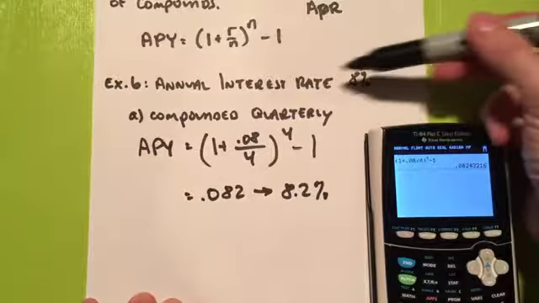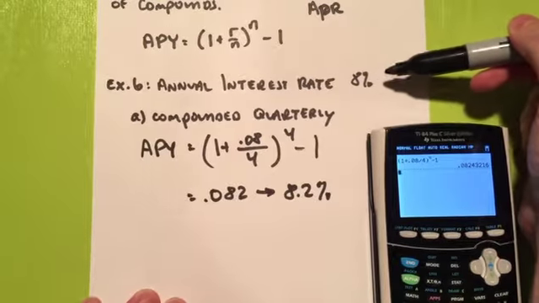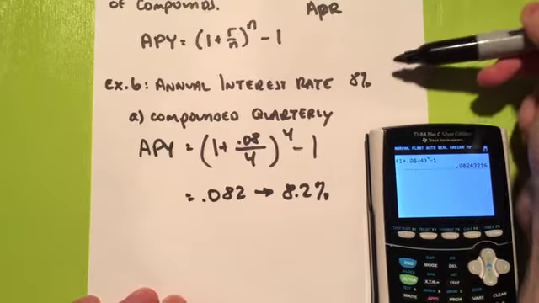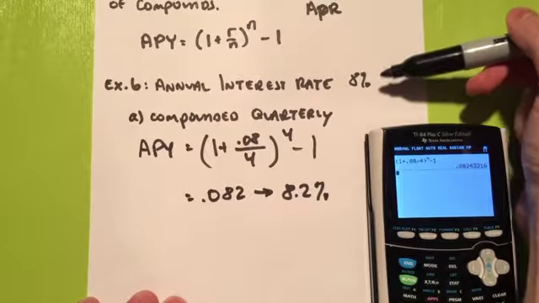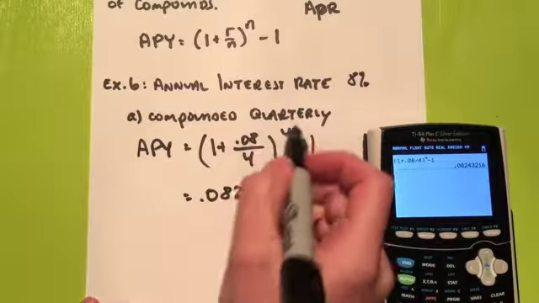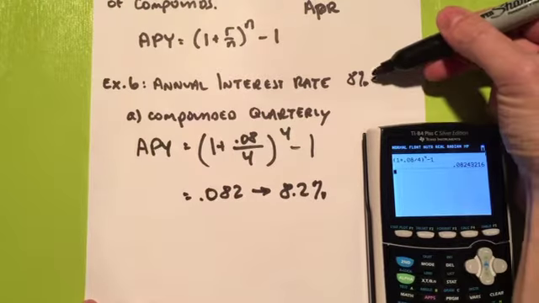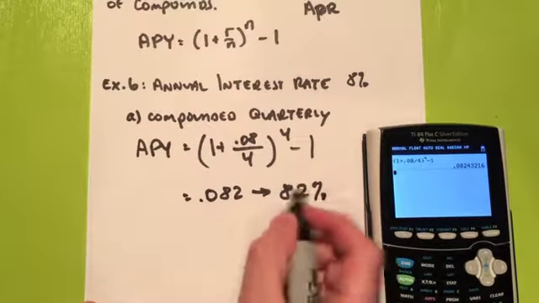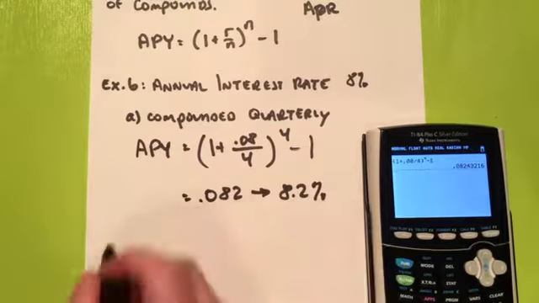So if we had $1,000, 8% is $80. You'd think, okay, $1,080. Well, in fact, $1,082. You get a little bit more because it's compounded more often. This would be compounded once per year. This is what we actually get compounded quarterly.